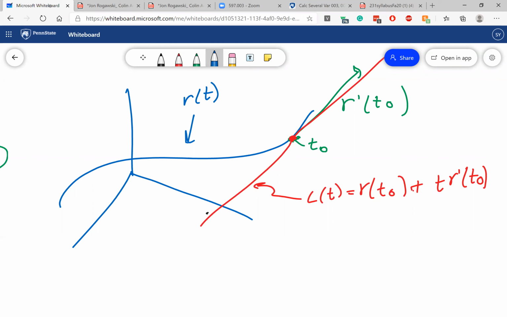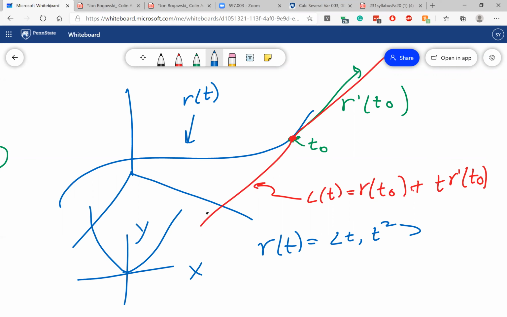So for the example that I just gave, if we have that r of t is equal to t and t squared. Now you are only in 2 dimensions, but this is still okay. Here's your curve. We can look for the tangent line at this point over here. So let's take t equal to 1.